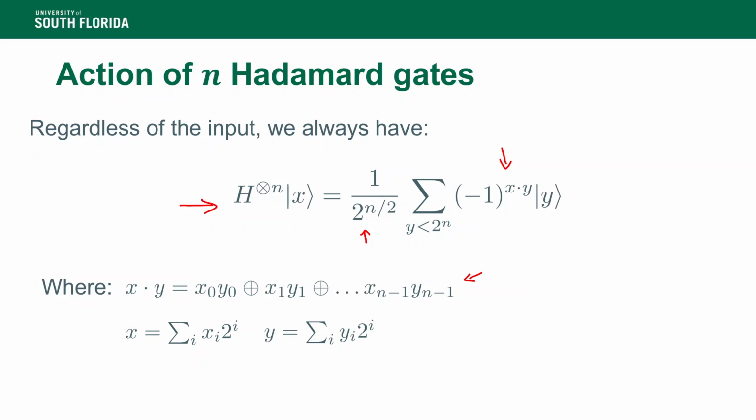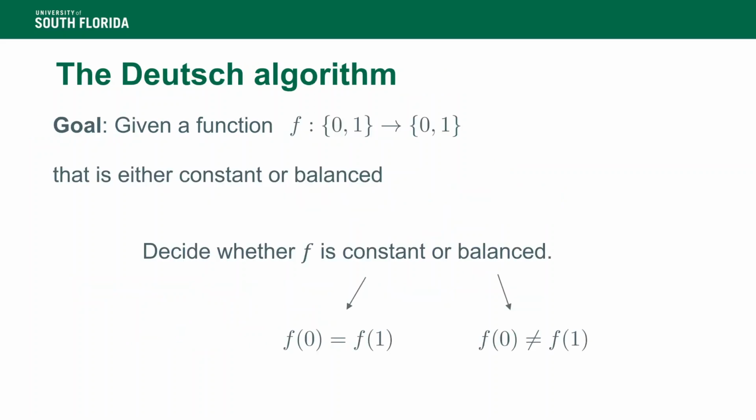So x0 y0 XOR x1 y1 XOR, etc., until you have x_{n-1} y_{n-1}. So this is how in general the Hadamard gate applies.